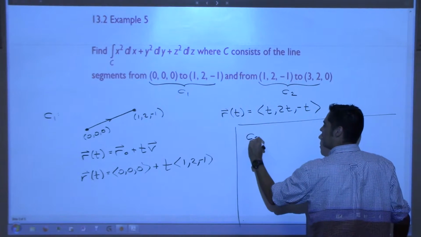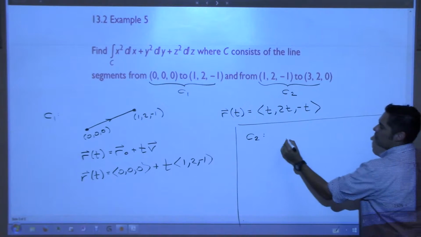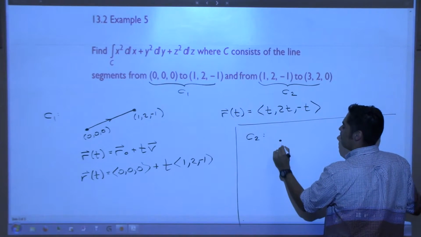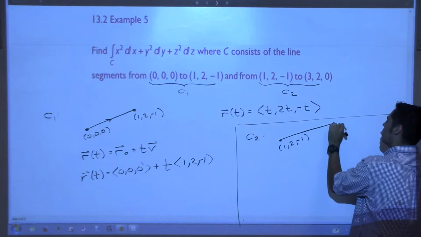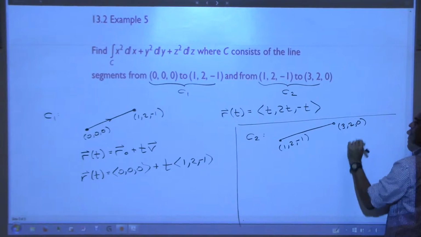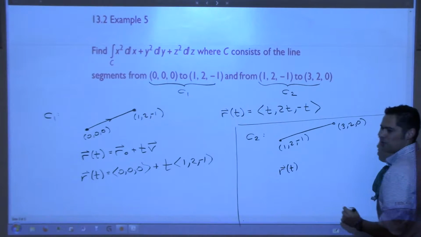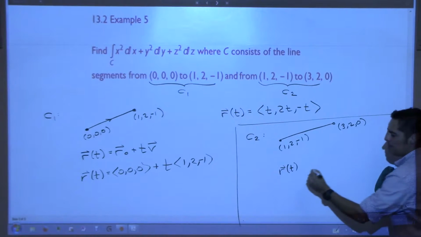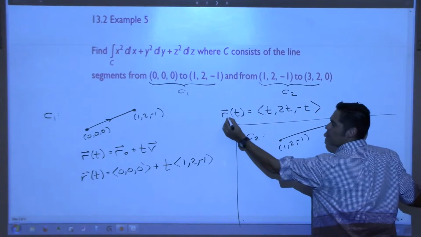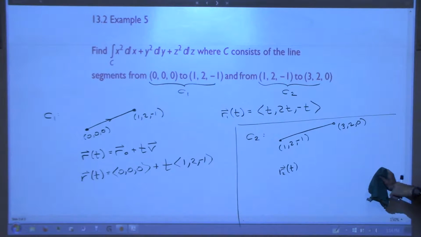Okay, what about C2? I'm going to connect from 1, 2, -1 over to the point 3, 2, 0. I'll call this r of t again. I could use a different notation, like r sub 2 and r sub 1, to distinguish these two from each other.